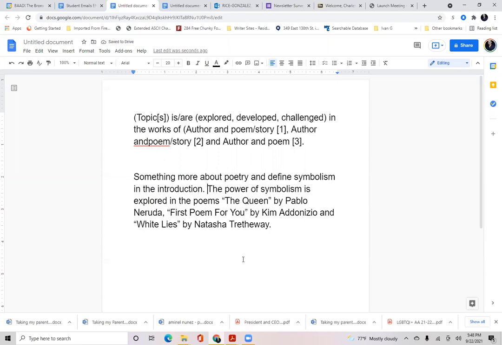Then this will be the thesis. And then I know the first body paragraph would be about the queen, symbolism in The Queen. Second body paragraph.